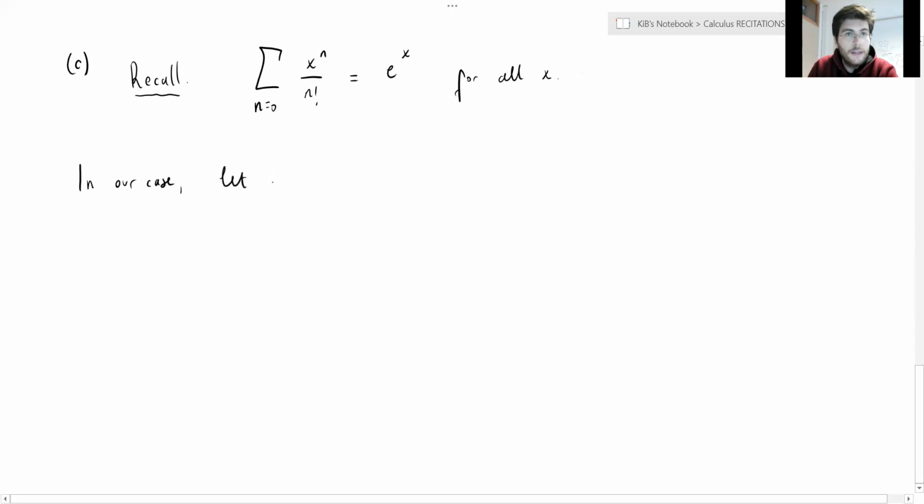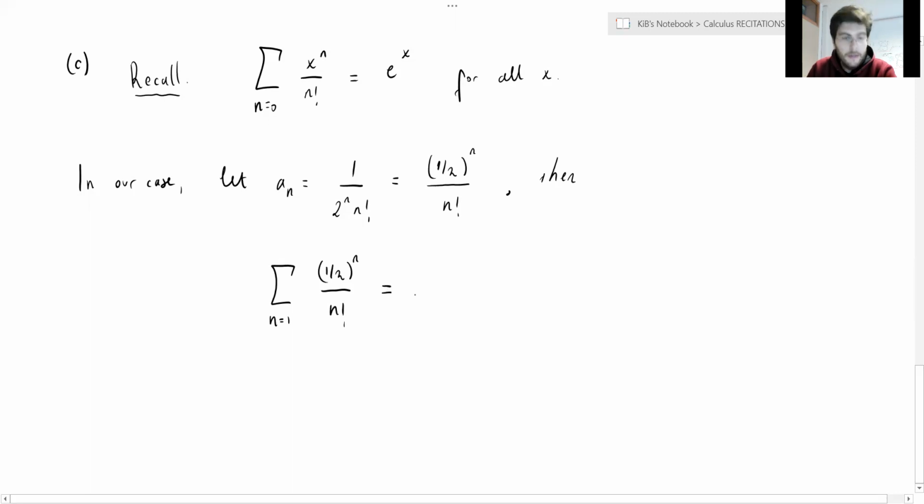In our case, we define our sequence to be something like this. Let me write it down in this way, if you like. Nothing changed. Then observe that we wish to understand this series, the question in part C. If you look carefully, we can manipulate it.